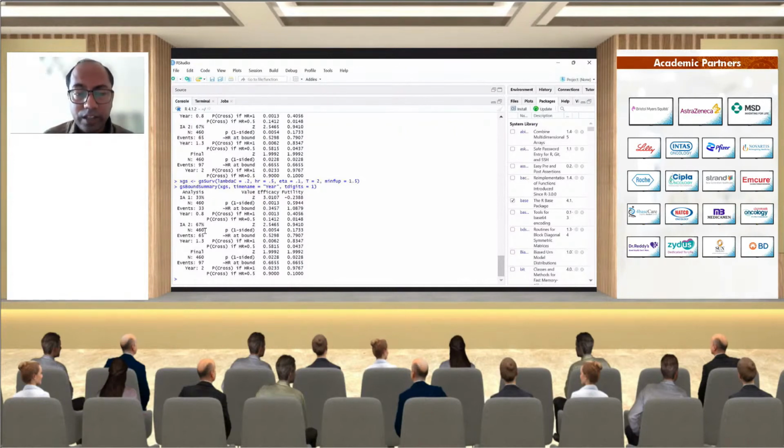Then the final analysis we can conduct when you already have 460 patients recruited.